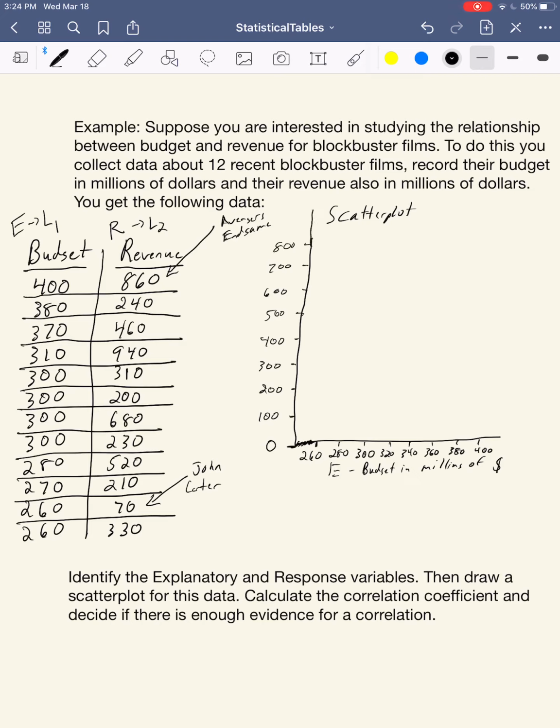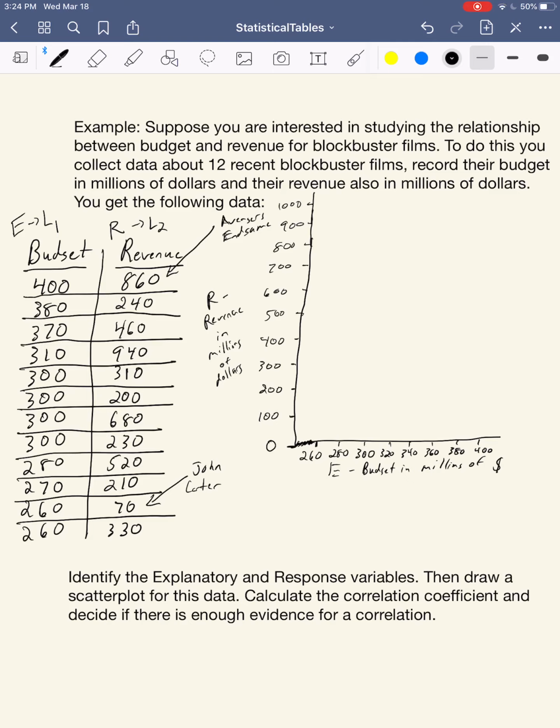We'll extend the axis just a little bit, and that guy up there will be 900. Looks like we would need to go one more though, and call that 1,000, or 1 billion actually overall, because it'd be 1,000 million. And this, of course, is the response variable, which is revenue in millions of dollars. Now, I know mine is a little bit messy here, so I do apologize. I am just going to go ahead and erase that word scatter plot because I think we all know what we're building here.